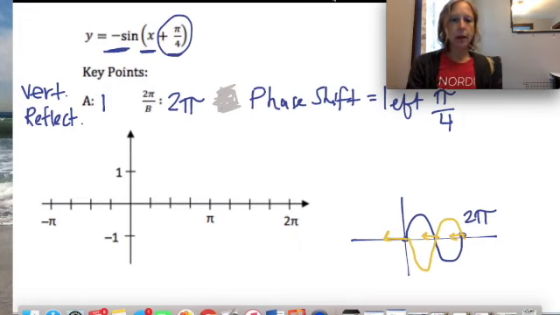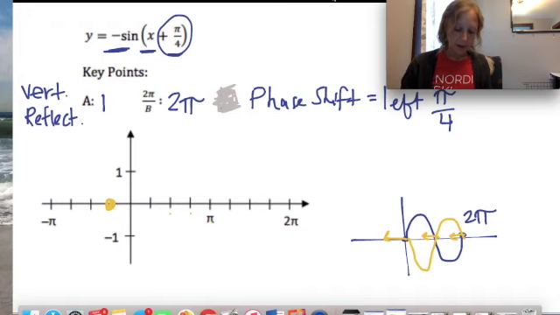If I look at the x-axis on my graph, it looks like I have every quarter pi labeled. So pi over 4, pi over 2, 3 pi over 4, pi. So we're set up to do this quite easily. So I'm not going to start at 0, 0. I have to shift this over and start at negative pi over 4.